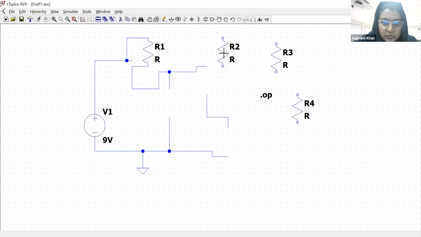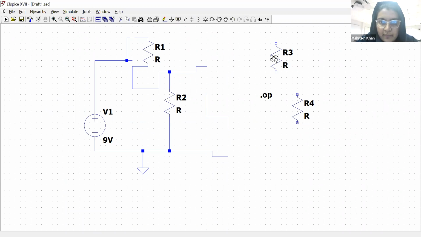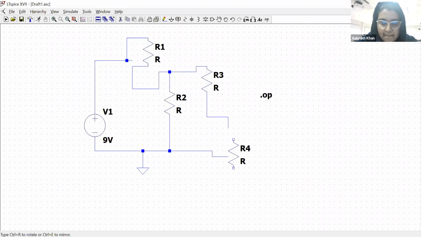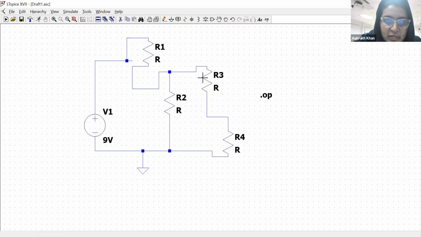Then you were having R2 here, and then R3 here, and your R4 was here. So my question was, what will happen if your R2 was short?